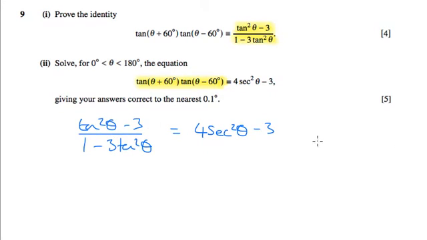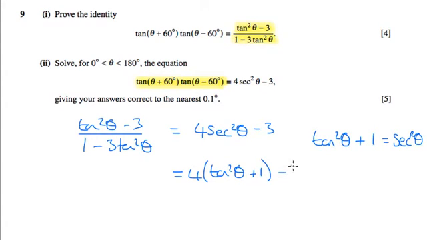And that's using the fact that tan squared theta plus 1 equals sec squared theta. So we can change this sec squared theta here into tan squared theta plus 1. So instead of writing sec squared, I'm going to change it to tan squared theta plus 1, then that take away 3.